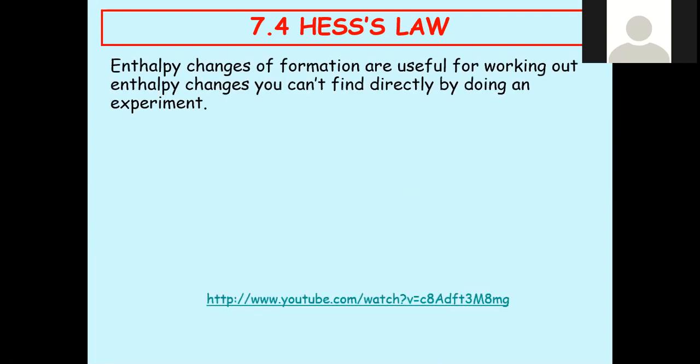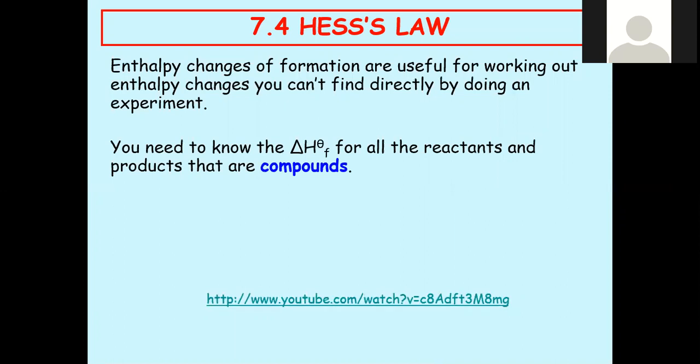Enthalpy changes of formation are really useful for working out enthalpy changes you can't find directly by doing an experiment. Sometimes experiments don't allow us to find the enthalpy change, so we can use enthalpy changes of formation instead. What we have to know for this is the delta H standard, remembering that is the standard conditions that enthalpy changes are recorded in.